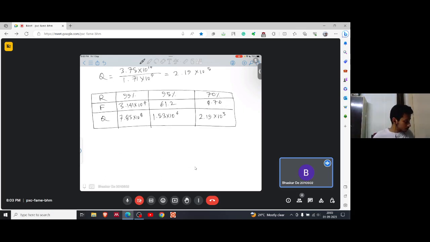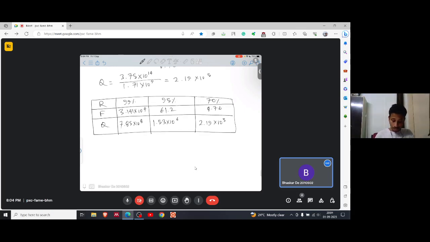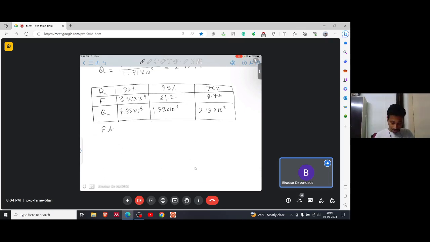Okay, so here you can see that with decreasing reflectivity, or a loss due to the transmission, the F and Q value is decreasing. So basically F and Q values are a kind of quality measure of that cavity. The higher the value of F and Q for a certain cavity, the better the sharpness of the beam from that cavity will be.